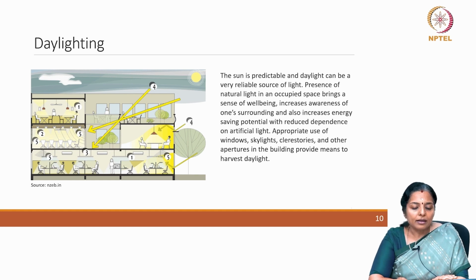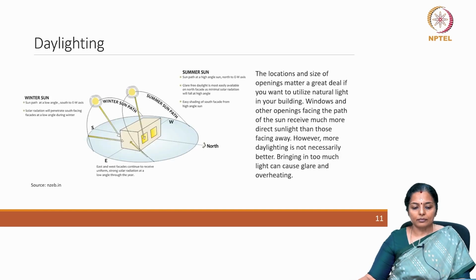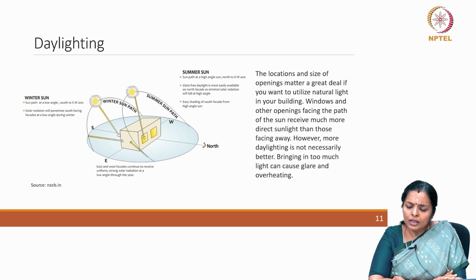In this segment, we are still continuing with the significance of openings and the other functions of openings, bringing in daylighting as one of the functions. Now, the location and size of the openings matter a great deal if you want to utilize natural light in your building.